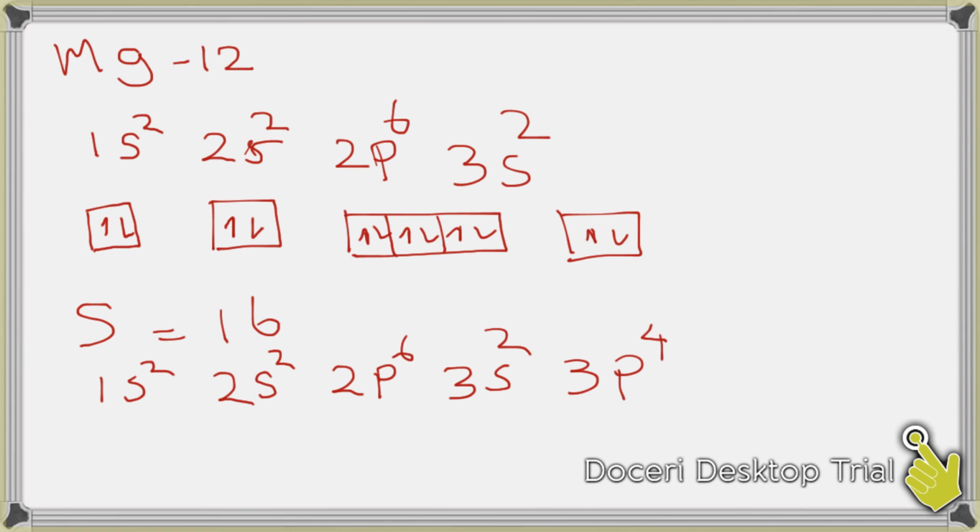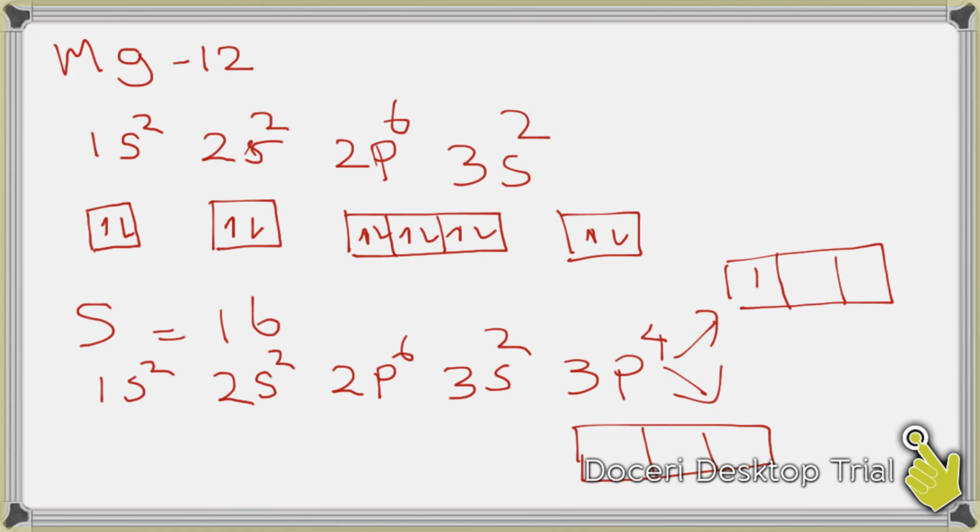You already know how to draw up to here. And then 3p4. There are 3 p orbitals, right? 1, 2, 3. How do you fill these 4 electrons? There are two ways, right? You can fill 1, 2, 3, 4, or else you can do it another way. Which one is correct? I go with this one.